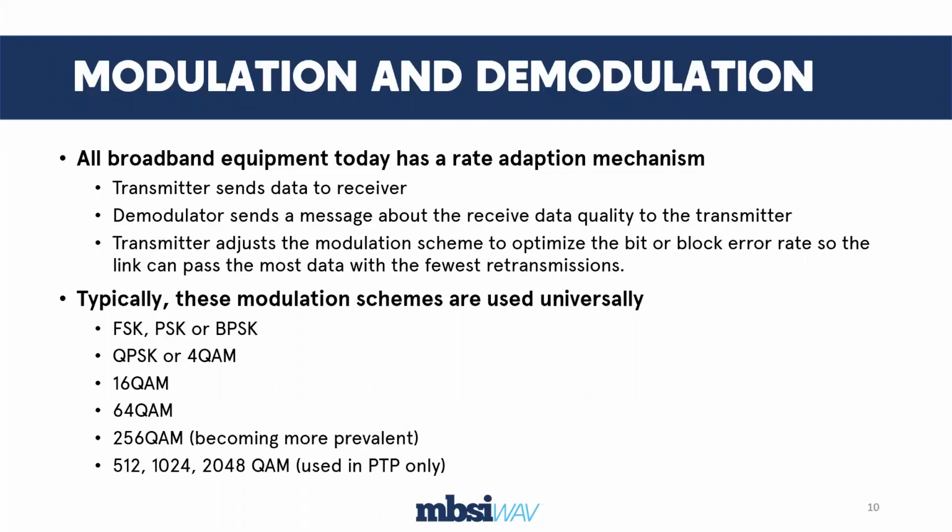Our receiver needs to be able to decode these 4 different states, or 16, or 64, or 256, whatever the case happens to be. In point-to-points, where we have a very tight beam width on our channel, we can go up to very high levels of quadrature amplitude modulation.